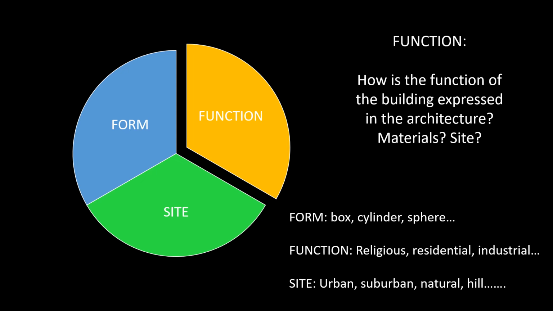Where is the building meant to be? Is it an urban environment? Is it a suburban environment? Is it supposed to exist out in nature? Is it on a hill? Is it by a river? Is it by the ocean? These are all issues that are crucial in terms of understanding and analyzing the siting of a building.